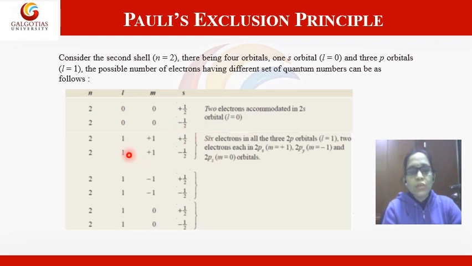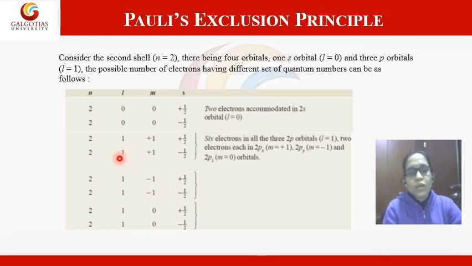Similarly, we can examine it for the 2p orbital. 2p has 3 orbitals, 2px, 2py and 2pz. For the 2px orbital, n, l and m are similar, and there is variation in the magnetic quantum number across the orbitals. For px, m is equal to plus 1, for py you can take 0, and for pz minus 1.